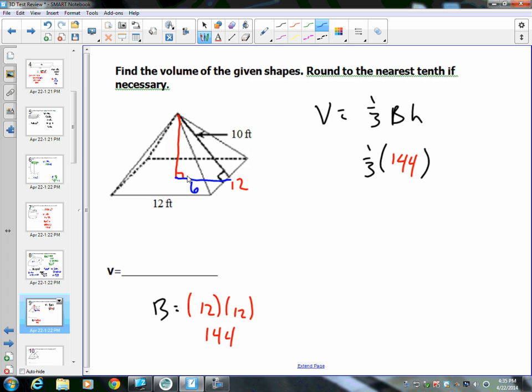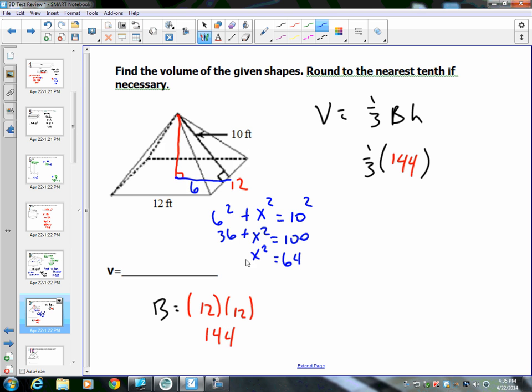Now we can use Pythagorean theorem to say 6 squared plus x squared is equal to 10 squared, our x being our height. The reason that 10 is over here by itself is because it's our c, our hypotenuse, across from the right angle. 6 squared is 36, plus x squared is equal to 10 squared, which is 100. Subtract 36 from both sides, we get x squared is equal to 64.